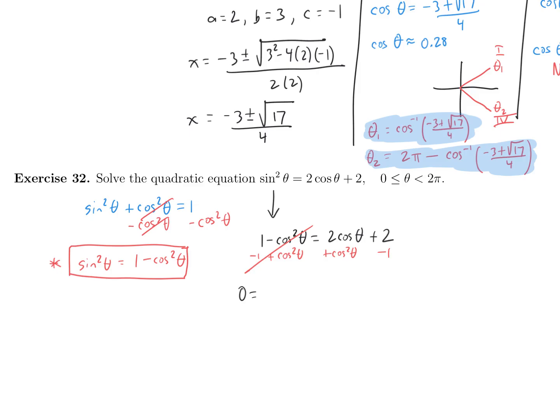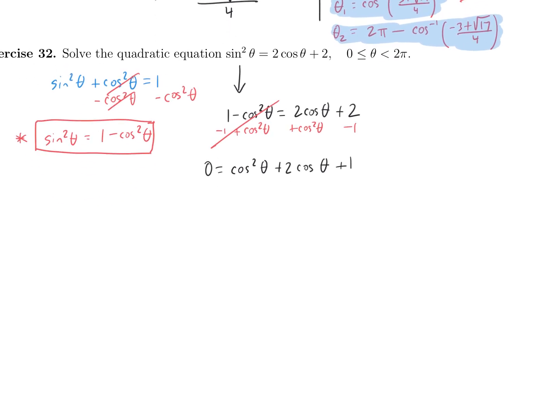On the right side, you have cosine squared theta plus 2 cosine plus 1 after you combine like terms. Now let's do our substitution like we did in the previous problem. Let x equal the trig function, which is cosine. Now we can write that equation in terms of x: 0 equals x squared plus 2x plus 1.